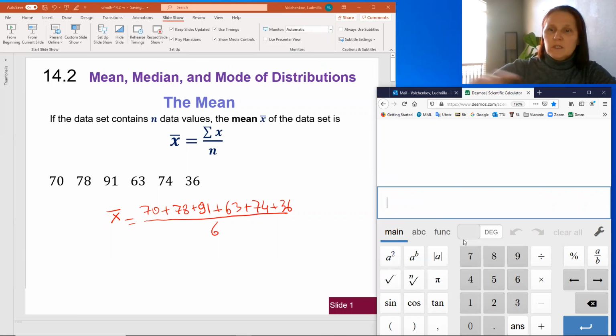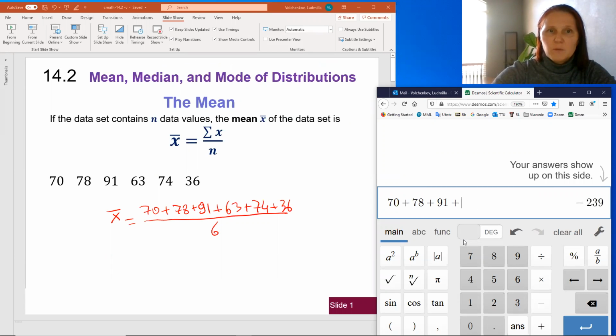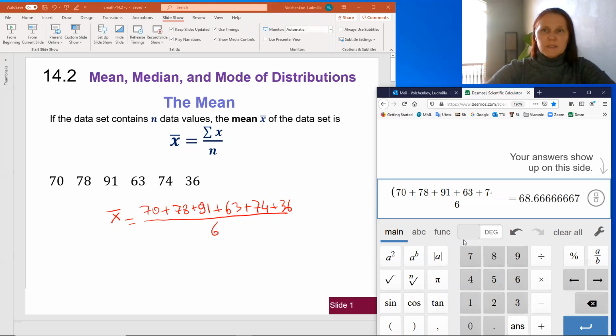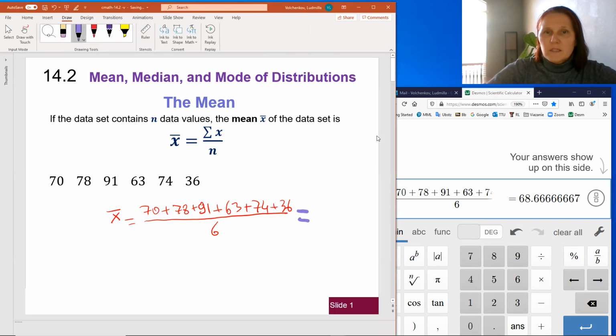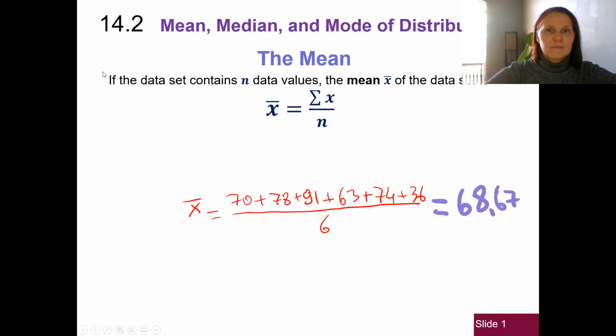So we can take a calculator here. 70 plus 78 plus 91 plus 63 plus 74 plus 36 is 412, and we divide by 6. The average or the mean is approximately 68.67.